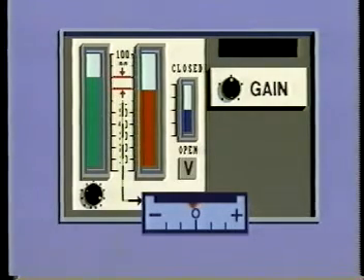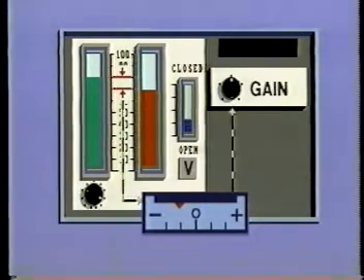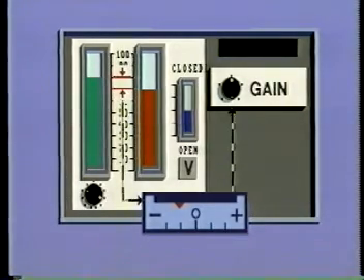If the temperature is below the set point, a negative error signal, E, is generated. If the temperature is above the set point, a positive error signal is generated. The value of the error signal, either plus or minus, is sent to the proportional unit. Here, it is modified according to the gain setting to provide an output signal that adjusts the valve opening.